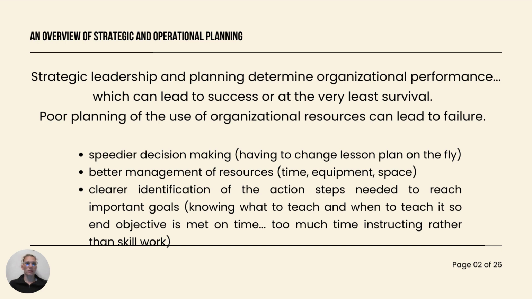Poor planning of the use of organizational resources can lead to failure, and you might have heard the term before. If you fail to plan, you plan to fail. And I would think that's the overarching theme for this chapter over and over again: plan, plan, plan, so you don't fail.